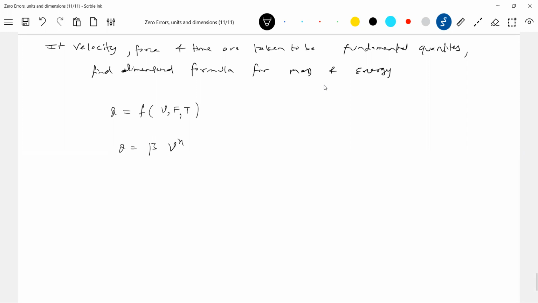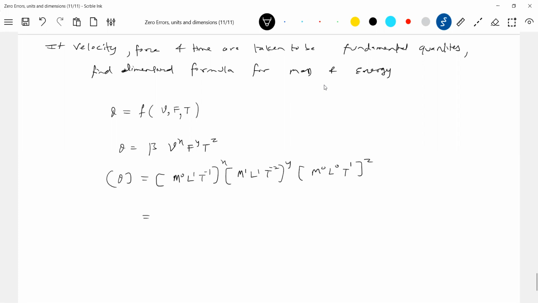This should be equal to v to the power x, F to the power y, t to the power z. First we'll simplify this. The dimensions of velocity are M0 L1 T minus 1, to the power x. Dimensions of force are M1 L1 T minus 2, to the power y. Dimensions of time are M0 L0 T1, to the power z.